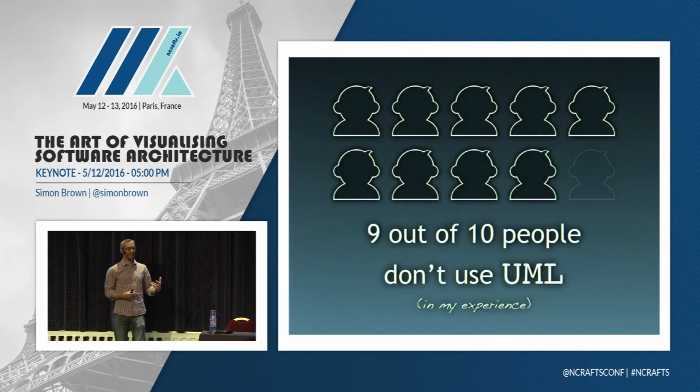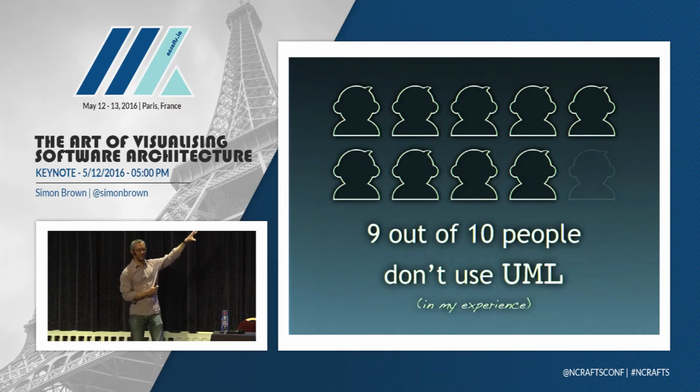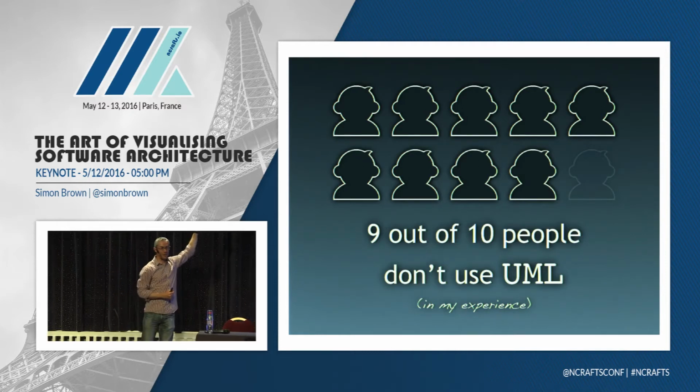I've asked this question everywhere I've been, and I need to change this slide because I think this is massively optimistic. Because I'm now seeing many, many more audiences where nobody uses UML. I think even if we look back to UML's heyday of 10 or 15 years ago, maybe only 20% optimistically of people were using UML. And it's definitely something that's on the decline for a number of reasons.